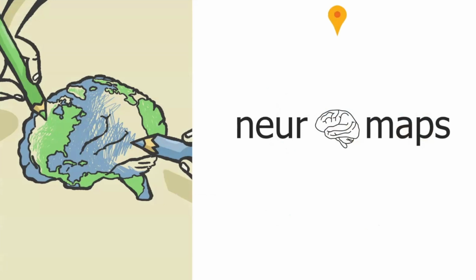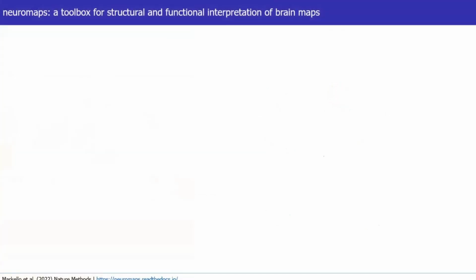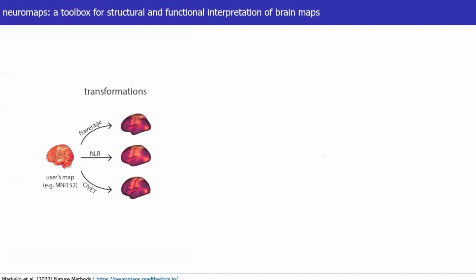And the toolbox is called NeuroMaps. It's kind of like a Google Maps for the brain. And the idea is basically this. It kind of has three components to it, which you don't have to use in sequence. You don't have to use all of them. But the idea is you bring in a map of your choice, this map that you've created, that you spent your PhD working on, and we would first provide you with a suite of transformations so you can easily go back and forth between the major coordinate systems that we have in brain imaging, something that I think a lot of trainees will appreciate.